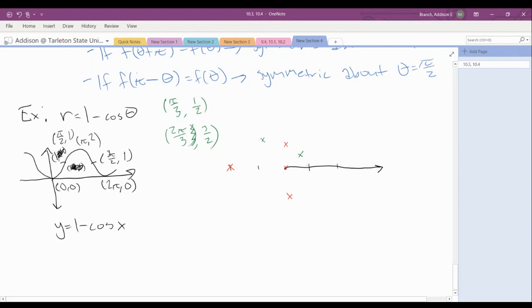If we look at our polar graph, this is going to have some symmetry. We can look at this symmetry here and see how we can go up here, and how we know this is going to repeat itself. So f of negative theta is equal to f of theta, and therefore we're going to have symmetry over here.